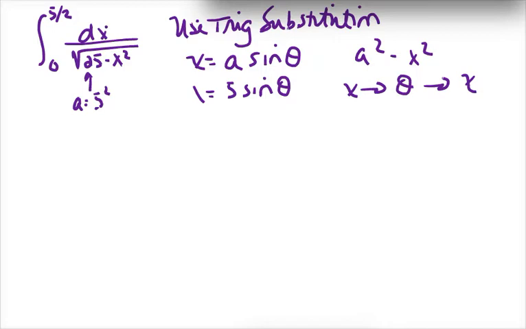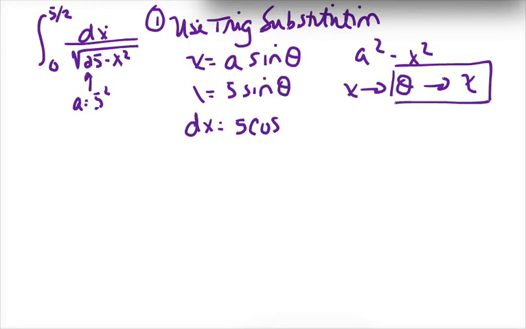In a definite integral, we don't need to worry so much about going back because we're going to do substitution of the upper and the lower limit. But when we have an indefinite integral, we're going to have to go back from theta to get into terms of x. So that's your first step. You're going to decide on your trig substitution. Take the derivative, and you get 5 cosine of theta d theta.